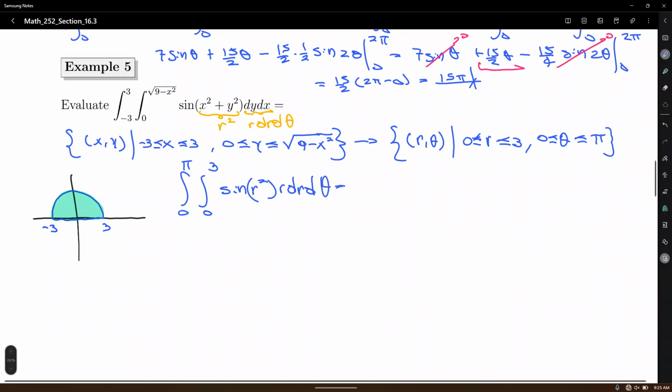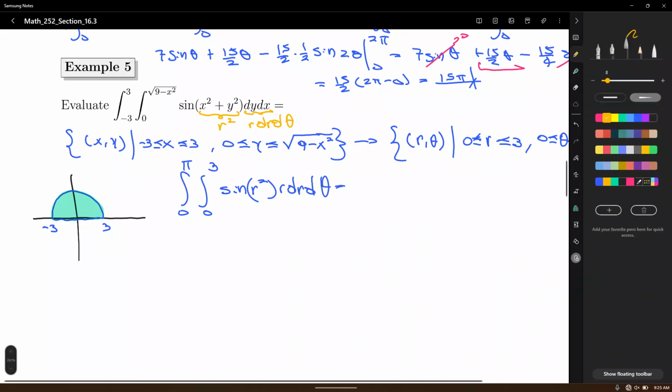Okay, so let's set up the u substitution. u equals r squared, du equals 2r dr. So r dr equals 1/2 du. Let's change the limits also. u of 0 and u of 3, that is 0 squared and 3 squared, which is 0 and 9.